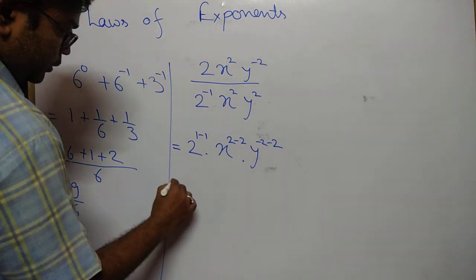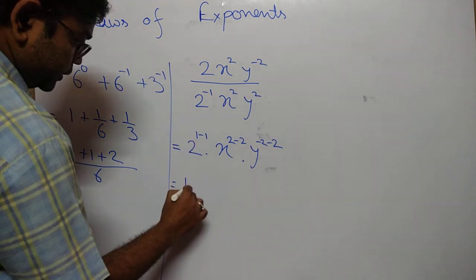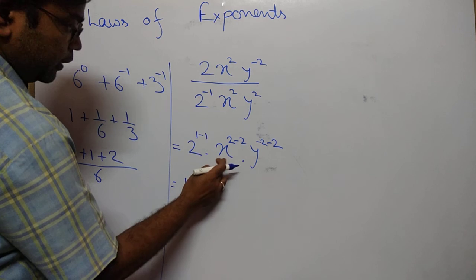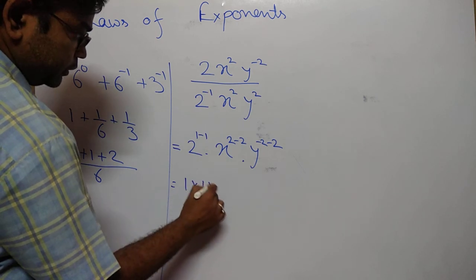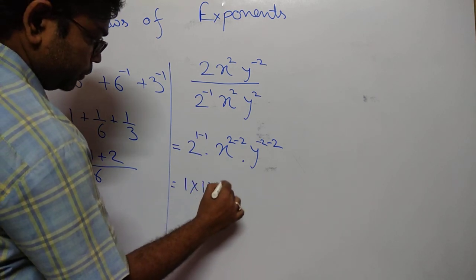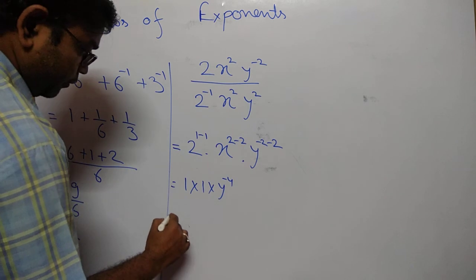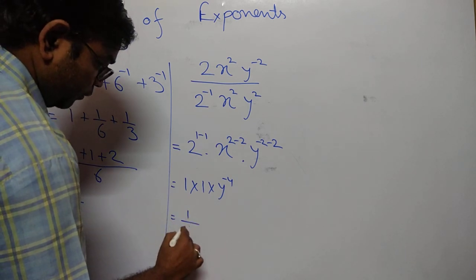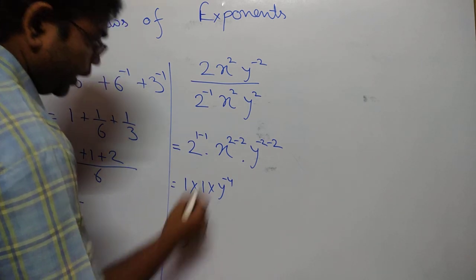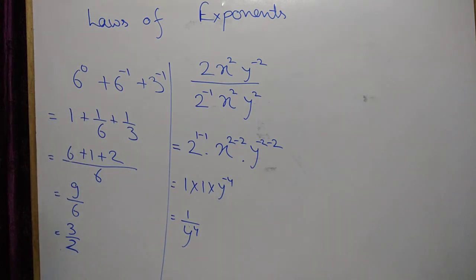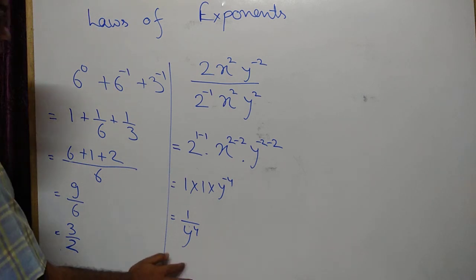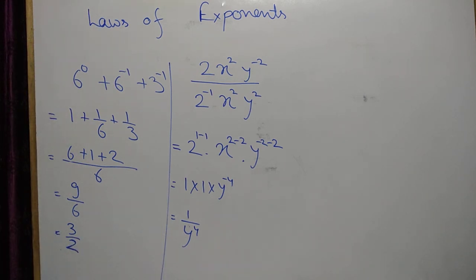So here 2 to the power 0 is 1, into x to the power 0, 1, into y to the power minus 4. We can write 1 upon y to the power 4. Either you can solve likewise, or some other way, but ultimately we have the same answer. Okay, move to the next part.